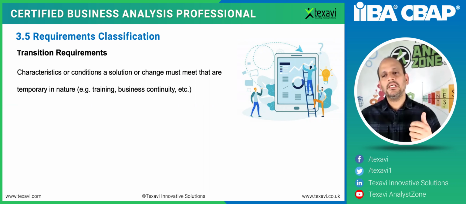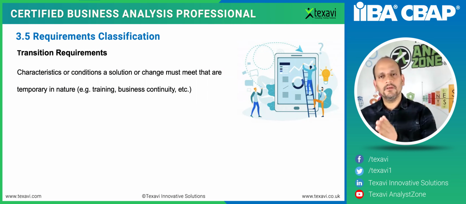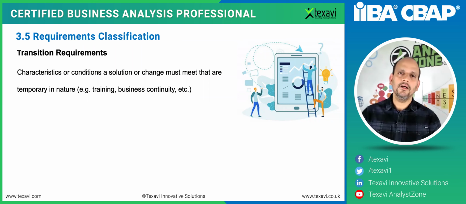So essentially, this set of requirements would help you go from the solution to the implementation, in terms of the conditions a solution or a change must meet that are temporary. So if you want to help deliver something or deploy a solution into the customers' mobile phones, into the customers' browsers, or into a server, a cloud, all of that would be temporary.